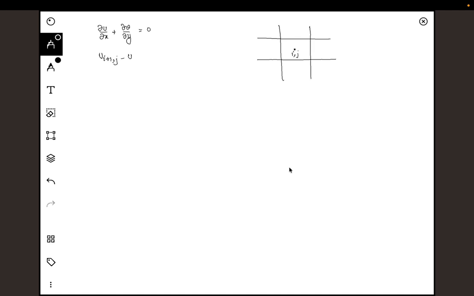This is my ij, this is i plus 1 j. So i is the index along the x direction and j is the index along the y direction. Let's put j minus 1 and this is j plus 1.